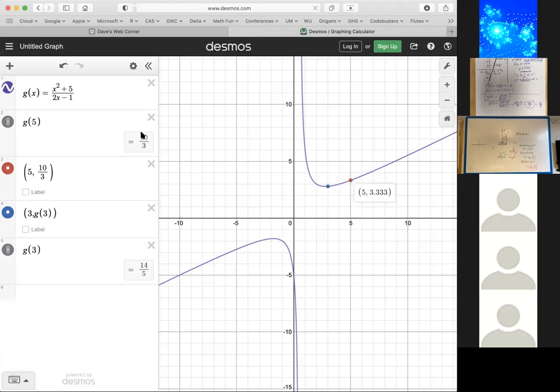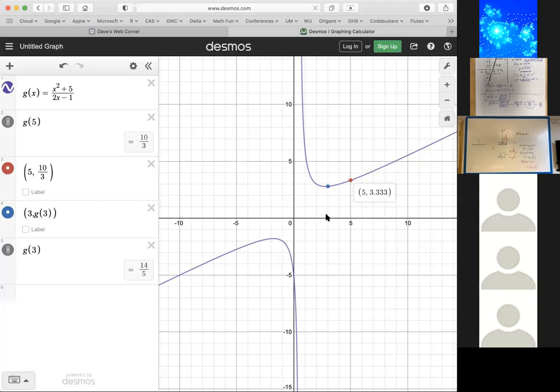So I have no problem if you want to draw something and check it on Desmos, unless the problem says draw it by hand or draw it yourself. You can use Desmos to generate graphs for us or for the homework problems.